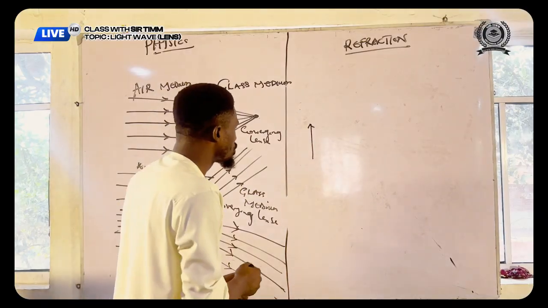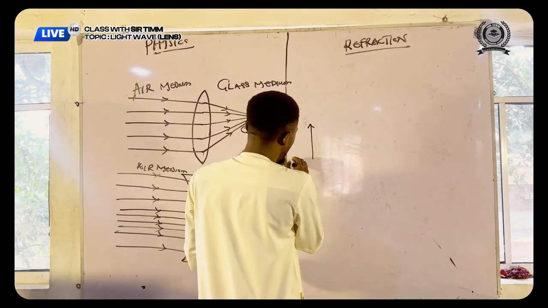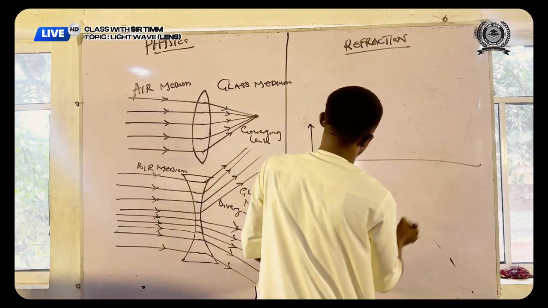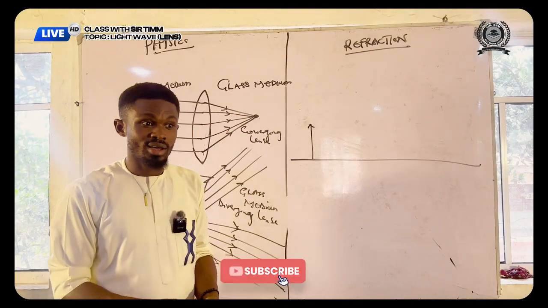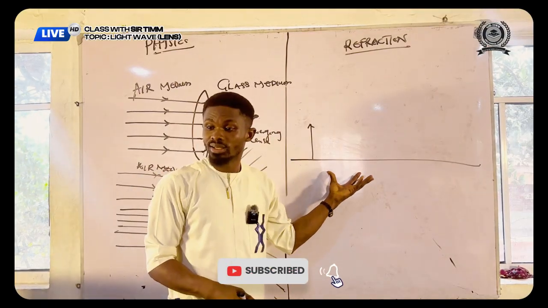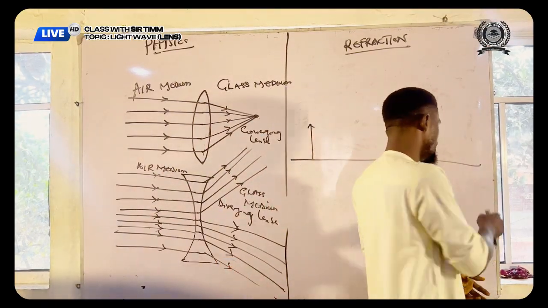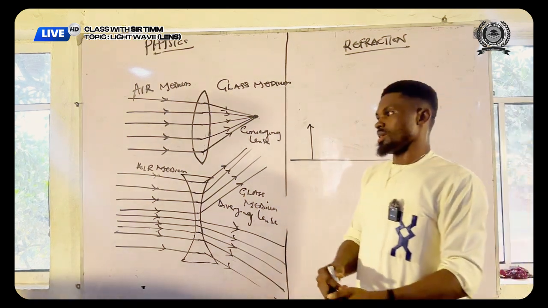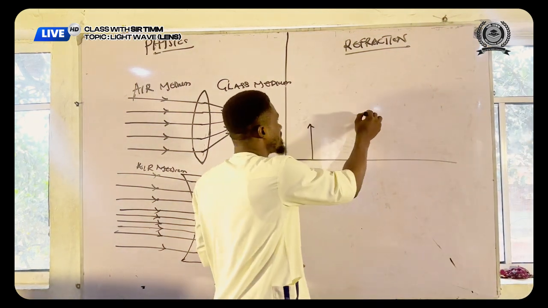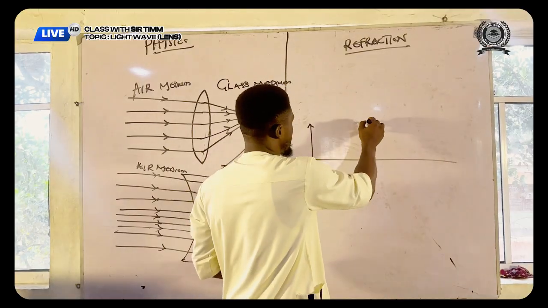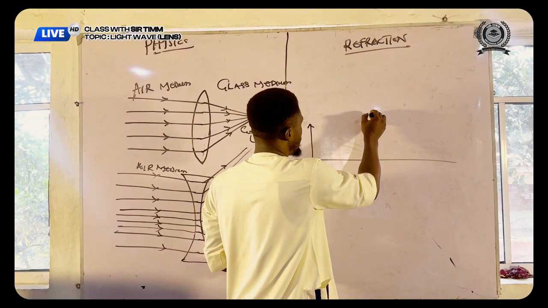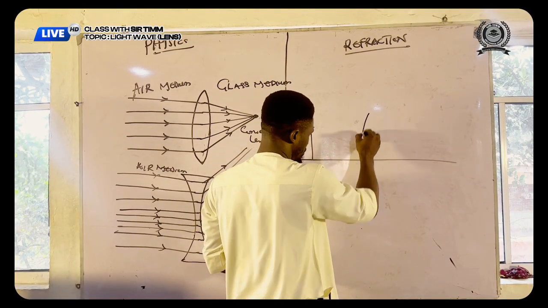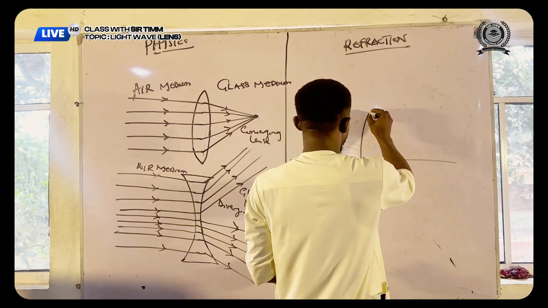Now look at the board. So this is you standing on the principal axis. Then I place the lens, which is this guy. Like I said, you make it as tiny as possible.